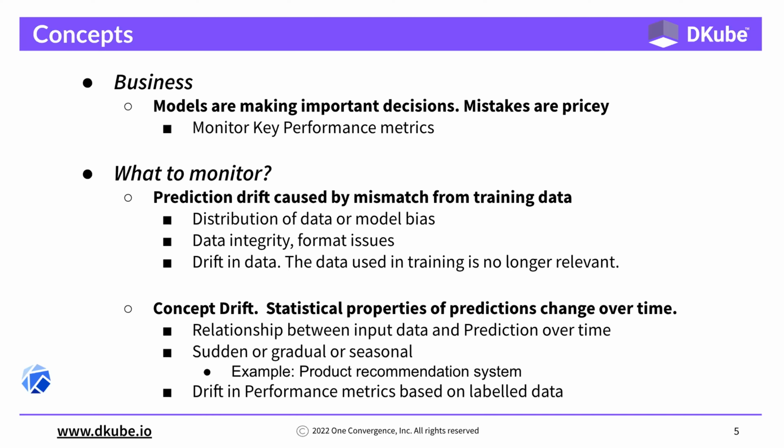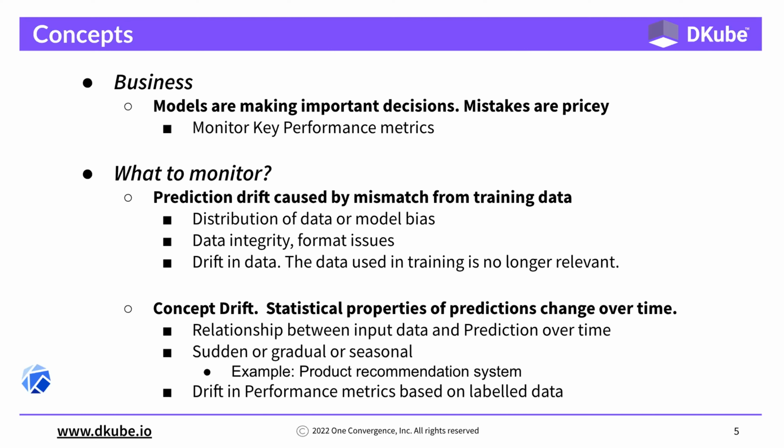For example, you might have trained on one particular sample of population, and then you deploy it somewhere else, and suddenly a lot of things about the population could change. Because of this, your model may not be predicting the way you would want it to. So there's a drift in the prediction because there is a drift in the data.